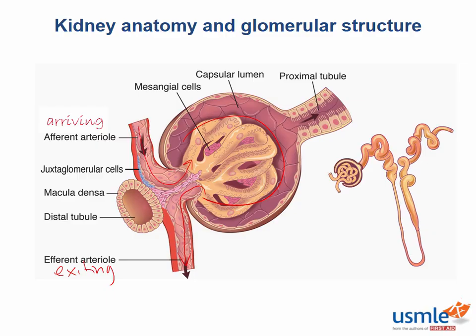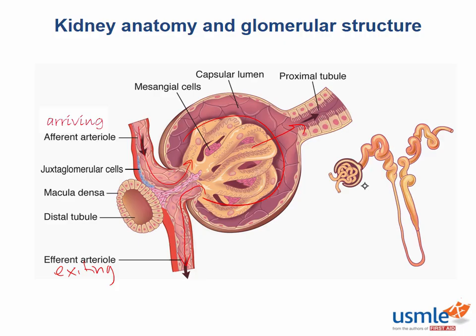As blood enters into the glomerulus, it is filtered in a process where plasma, electrolytes, and amino acids are filtered into the beginning of the nephron, which is called Bowman's space that you see here. From Bowman's space, this newly formed filtrate passes into the proximal convoluted tubule, and from there into the loop of Henle. Let's draw this out quickly.